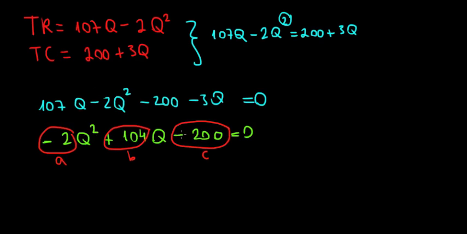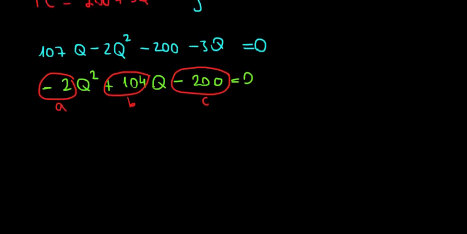Always make sure to look at the sign, because the constant is the whole number, so it has to have the sign as well. Is it a negative number or a positive number? The same goes for the coefficients. Sometimes it could be minus 104, so make sure to take the sign into account. Okay, we got a, b, and c.